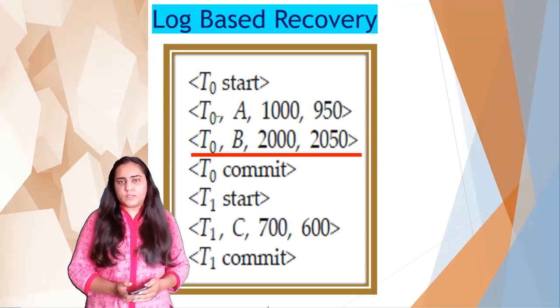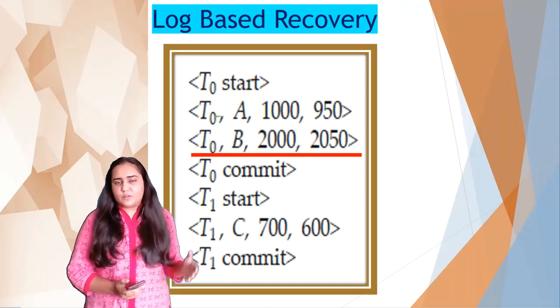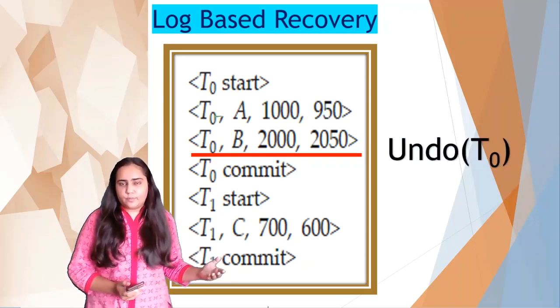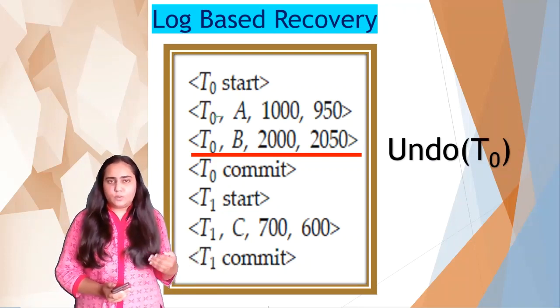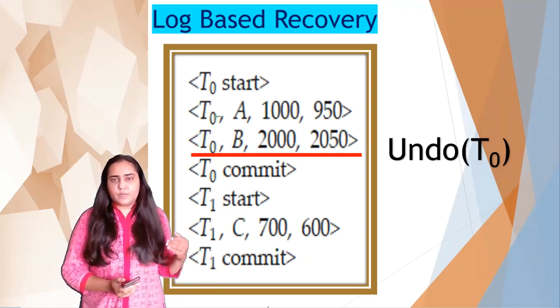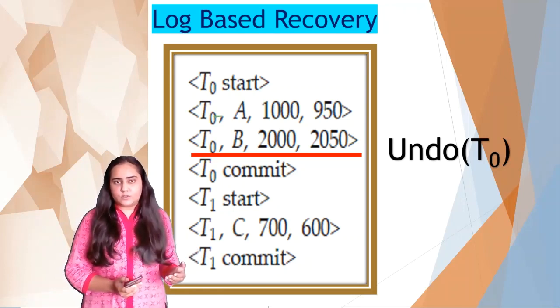Using those first 3 lines, I know that T0 started and made all these changes, but then it did not commit. So what we need to do is undo T0. That's why there is an undo operation performed for T0, which means the values of A and B will be restored to 1000 and 2000 respectively.